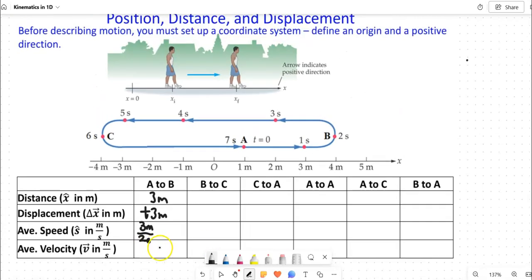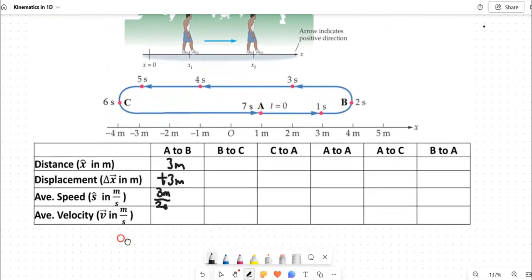Now, velocity, which is displacement divided by time, is going to be a positive 3 meters over the period of 2 seconds. So they look the same, but they are fundamentally different. This is the number of steps, which happens to be your end position minus your beginning position. Coincidence. Sort of. Anyways, now let's do B to C.